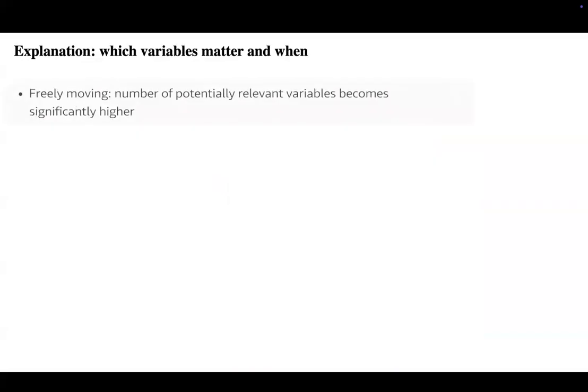Thirdly, explanation. So which variables matter and when. In 3D moving, the number of potentially relevant variables becomes significantly higher because, as I said, it's not just this one cue or these two cues that I showed you, but my environment or my freely moving task where it might be just how the light is going into the room, and therefore I want to avoid one corner and go to the other corner, which might not have anything to do with, oh, I wanted to go to the red square versus blue square, where you can be very sure in classical paradigms.